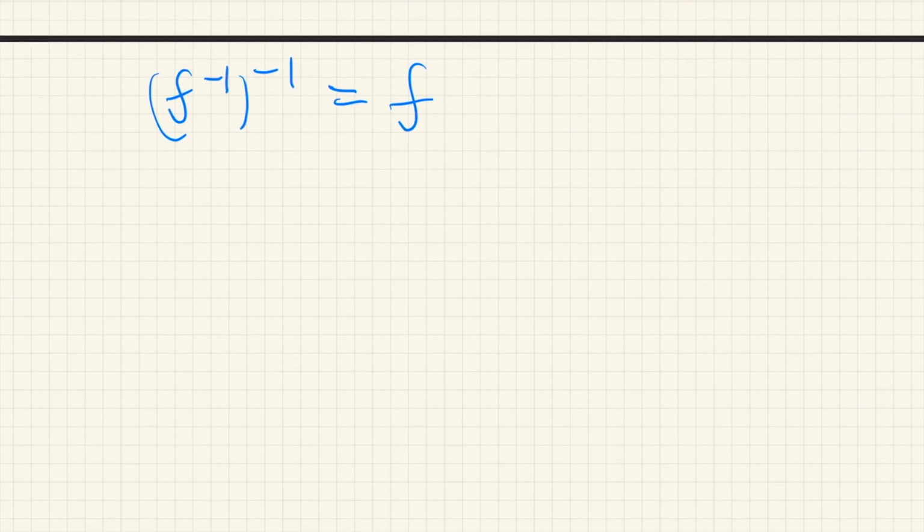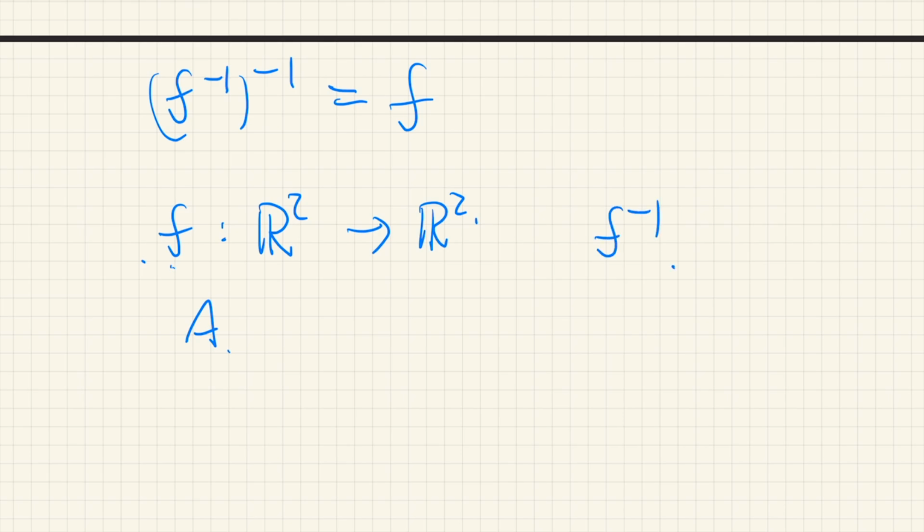And if this map is a linear transformation, let's say in two-dimensional space, then there is some matrix that represents this linear transformation, right? And if this f is bijective, then there exists f inverse. And actually, in this case, there corresponds a matrix called A inverse.